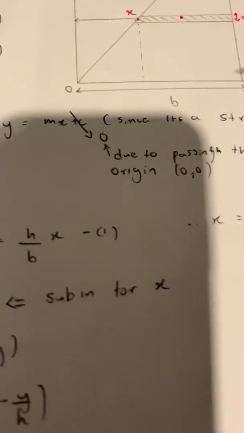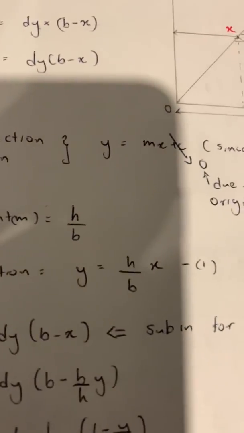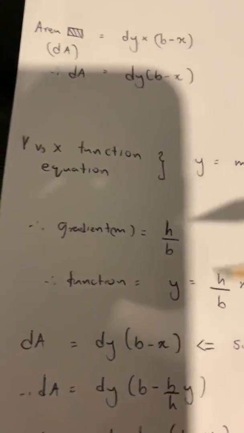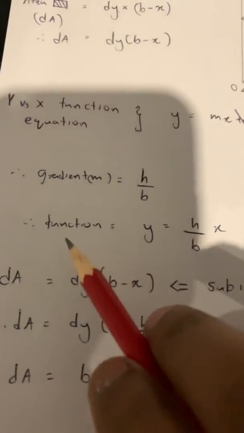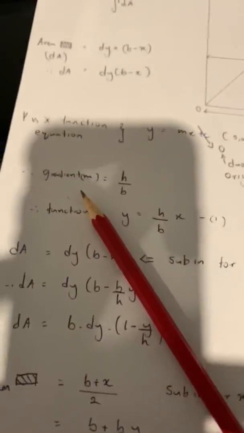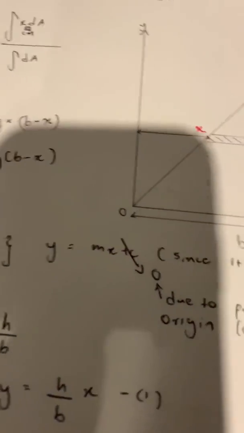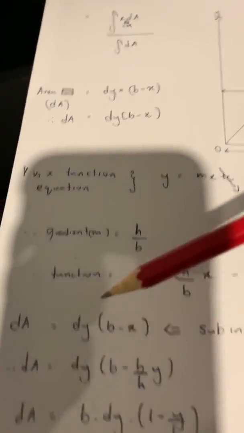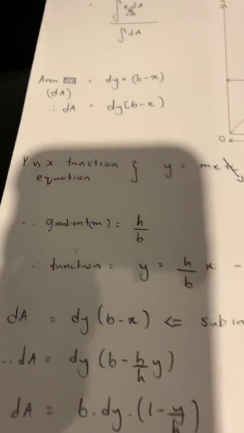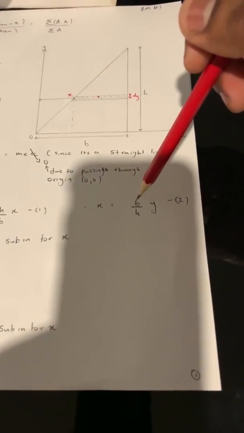We found the gradient m equals h on b, rise over run, so height h divided by the base b. So the function is y equals h on b x, and from that we can say x equals b on h y.